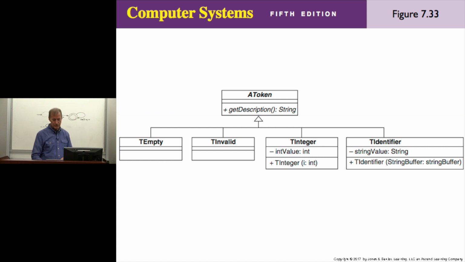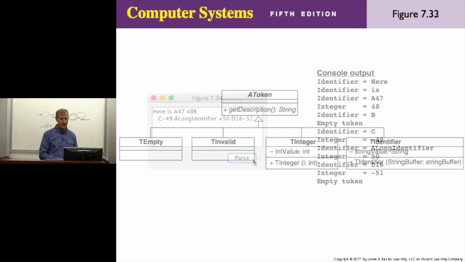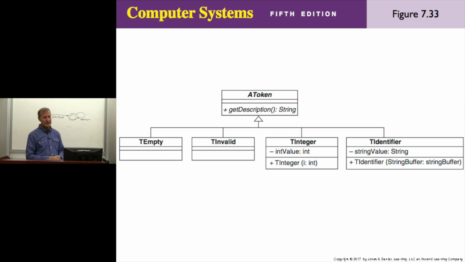So that string that it returns is, let's go to this previous figure, it would be here. In this case, for the first token it would be here, for the second token it would be is, for the third token it would be A47. Okay, so that's the purpose of get description. And now, how many subclasses do we have? We've got 4 subclasses.